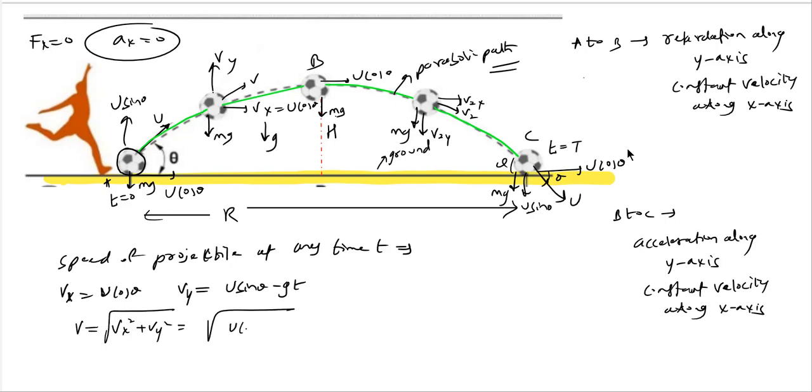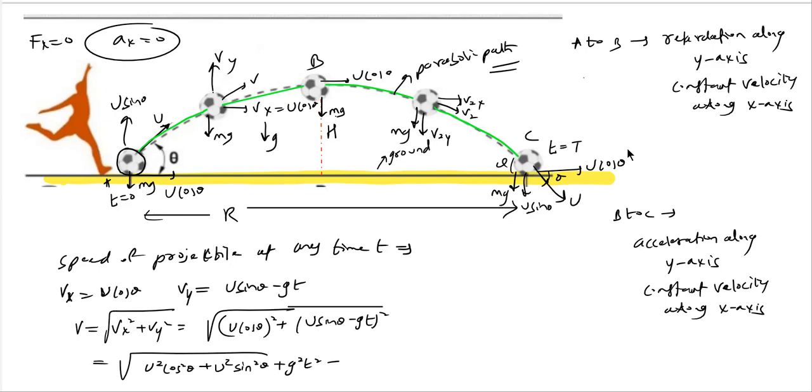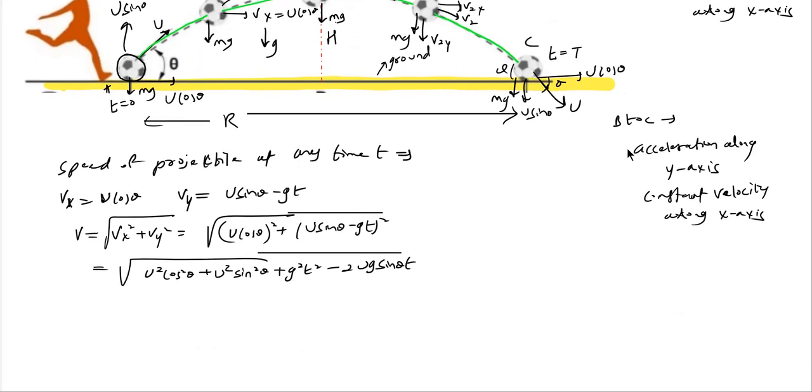This is equal to u cos theta whole square plus u sin theta minus gt whole square, giving sin square theta, g square t square, minus 2ug sin theta into t. Further simplifying. How has this come? Expanding this, we'll get this much. Okay, agreed?